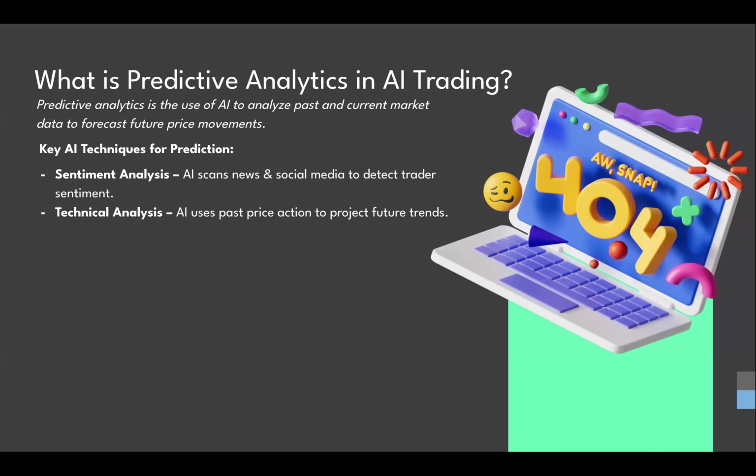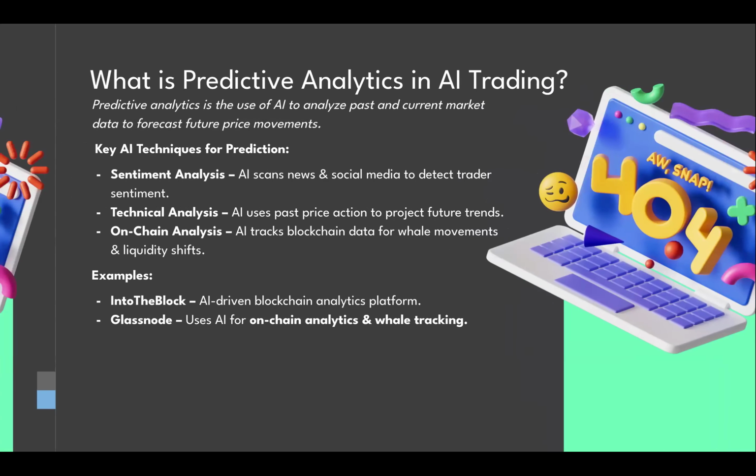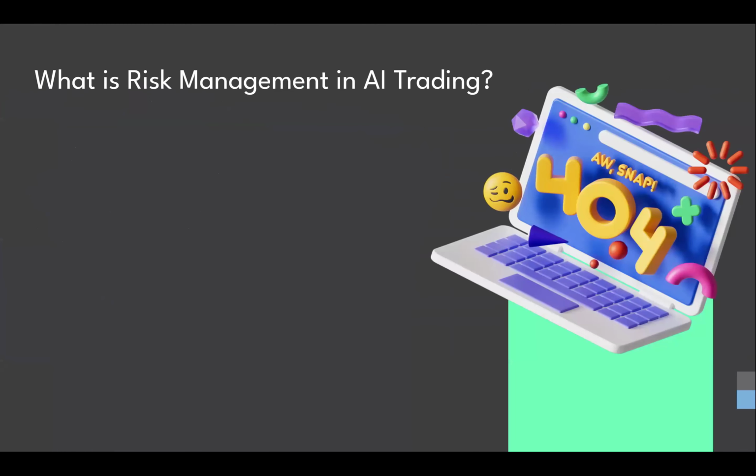AI uses the past price action of the market to project or predict the future trend of what will happen in the market. And we have on-chain analysis. AI tracks blockchain data for whale movement and liquidity shifts. This is just one of the examples, and there are many other examples as well.